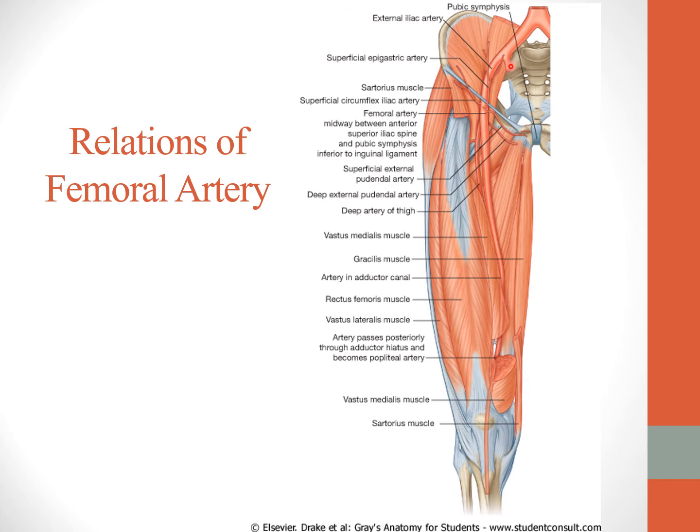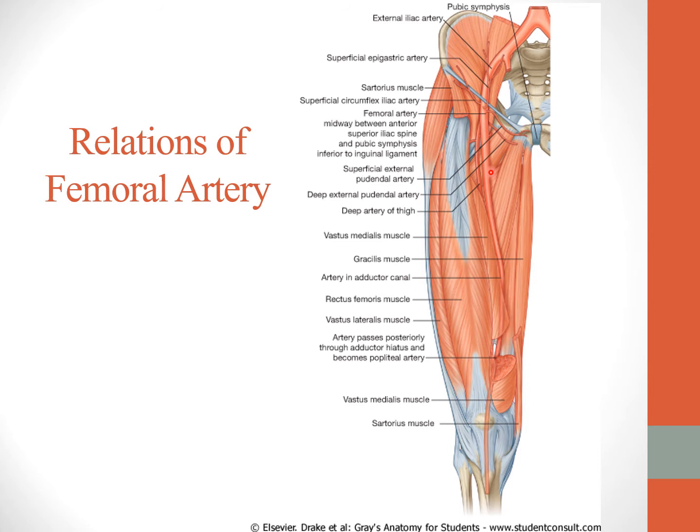Internal iliac goes to the pelvis to supply the pelvic organs, and external iliac runs downward, and when it passes through the inguinal ligament, which is a ligament present between the anterior superior iliac spine and pubic tubercle, just passing below the inguinal ligament, it continues as the femoral artery lying over the psoas major muscle. This is the psoas major muscle, if you can see, descending down from the lower part of the abdomen.